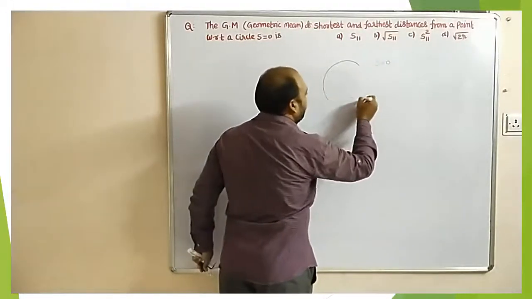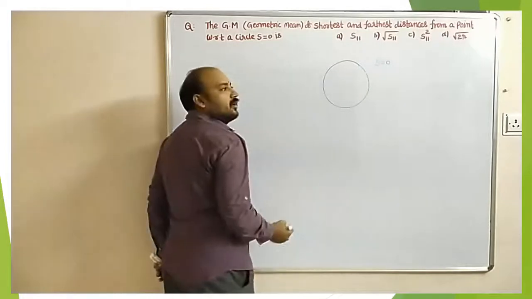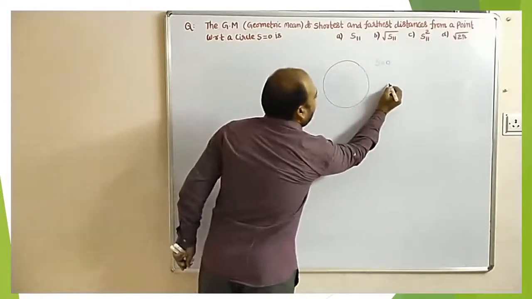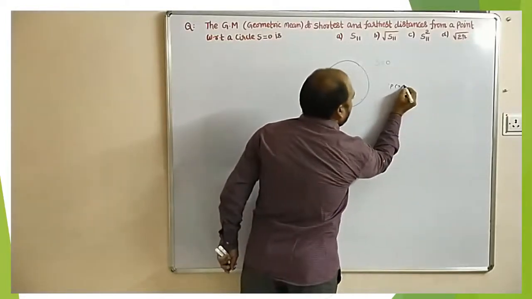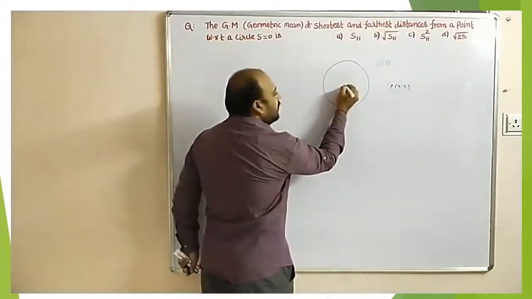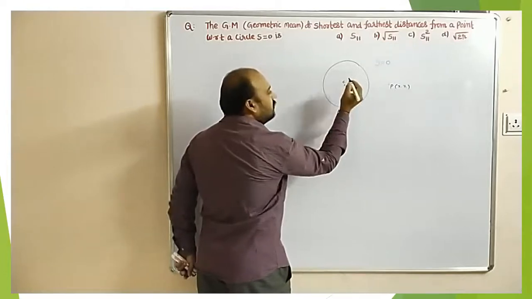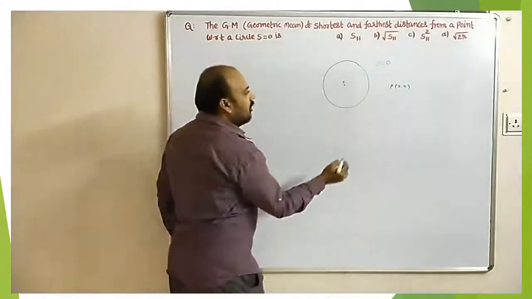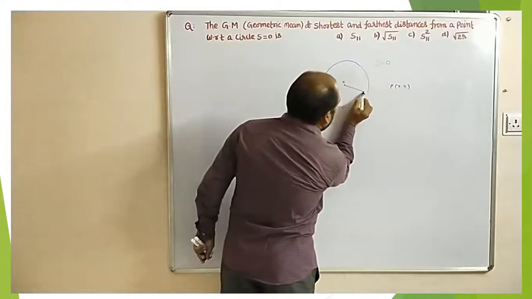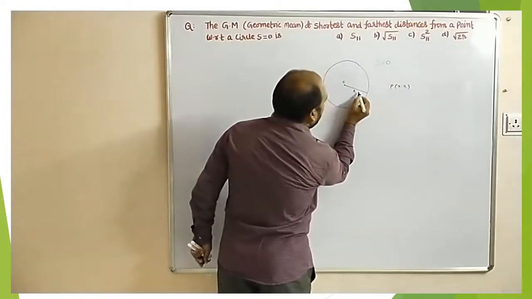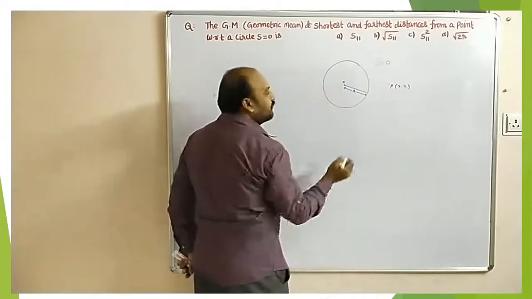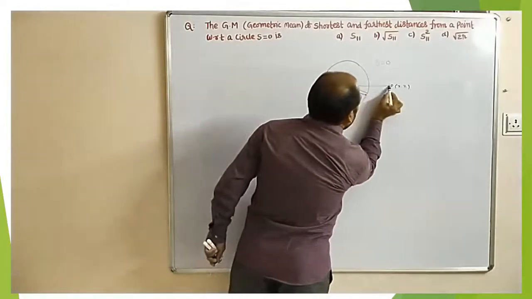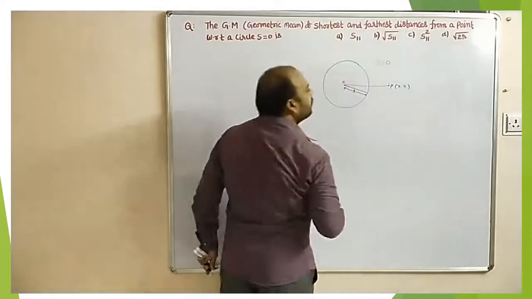Draw the figure of S is equal to 0 diagram. And consider any external point P (x1, y1) with respect to the circle. C be the center of the circle, and radius. From the center of the circle to the point P is the distance.